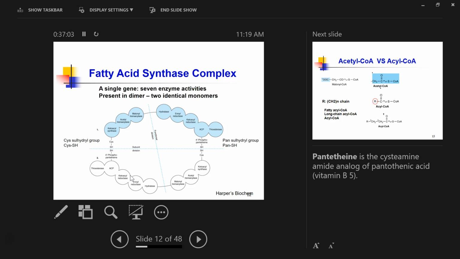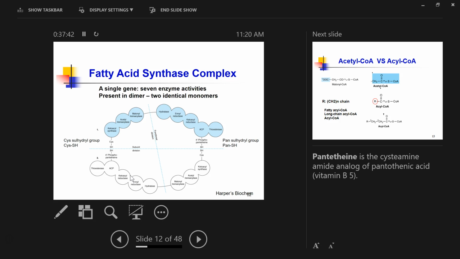So each monomer contains 7 enzymes, right? They are just like copies, but arranged in the opposite direction. You don't have to remember each enzyme, but it's very complex, actually 7 enzymes, but double. This arrangement gives the enzyme 2 ends.